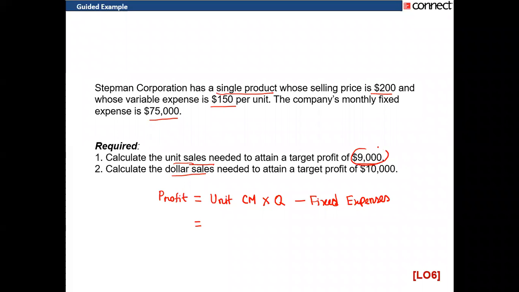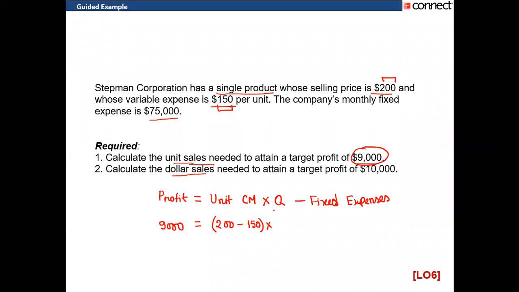So here we can input a profit of 9,000 because we require 9,000 profit. From the information given, the unit contribution margin is the difference between the selling price of 200 and the variable expense of 150. So 200 minus 150.